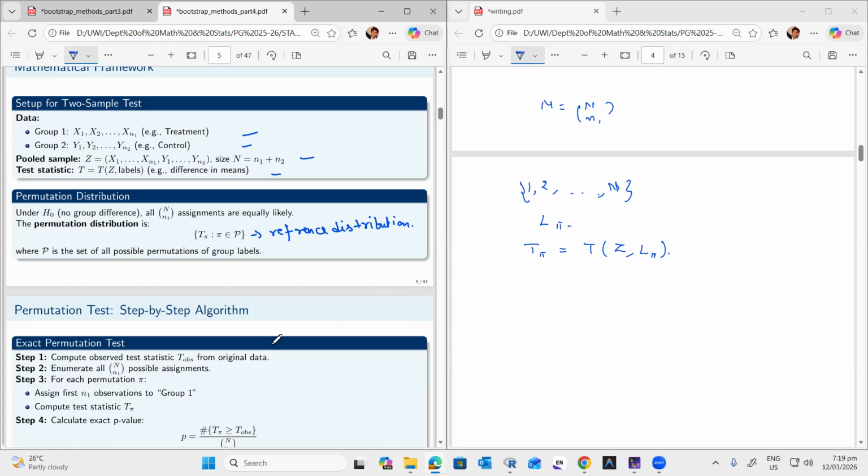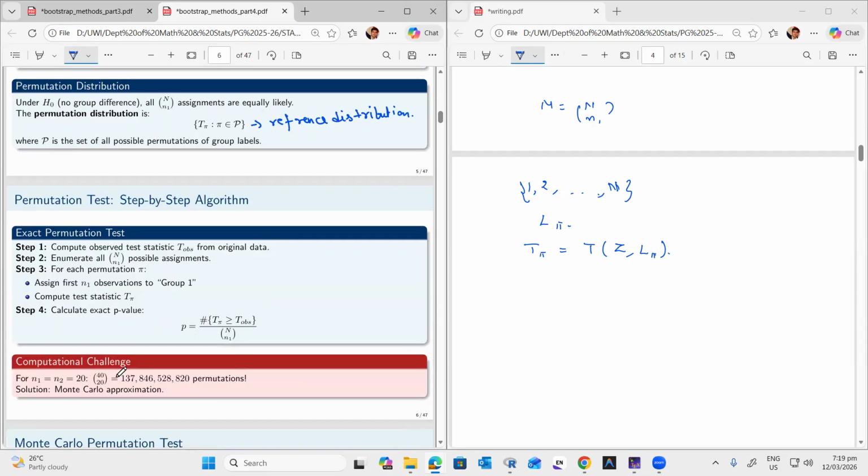The observed statistic, T observed, corresponds to the original labeling, that is L observed.